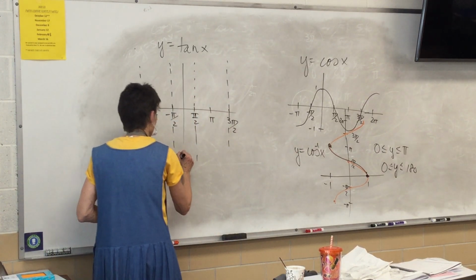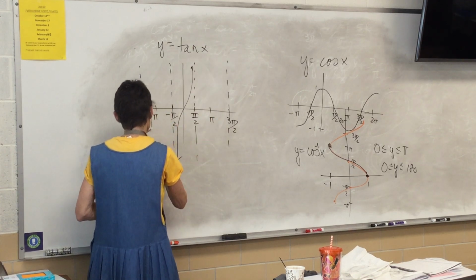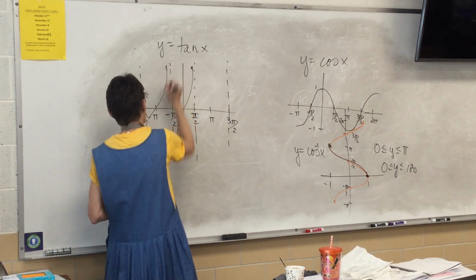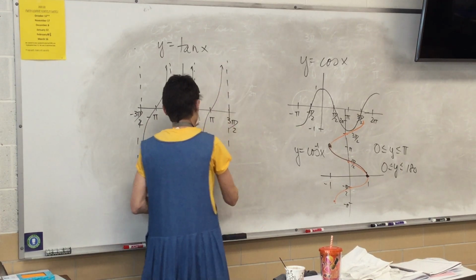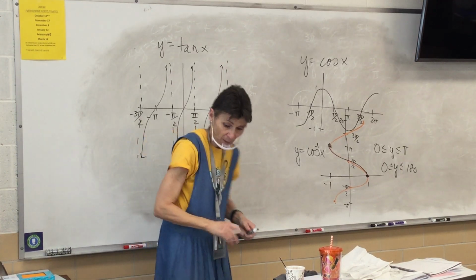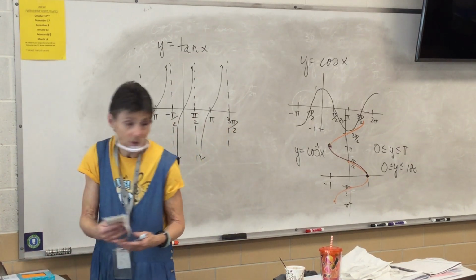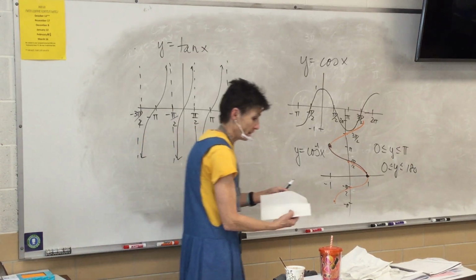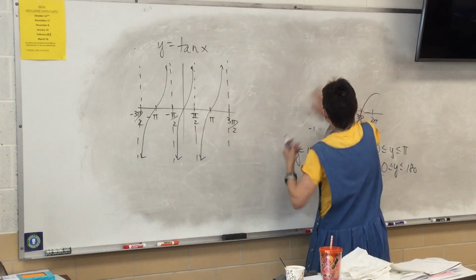And the tangent is increasing, so you remember this shape right here? And its period is pi. So I really have 3 periods graphed there. A little bit of overkill, more than I need.